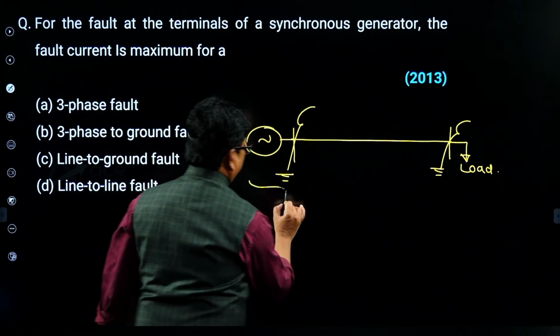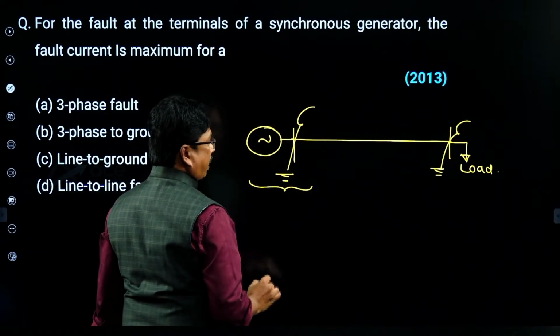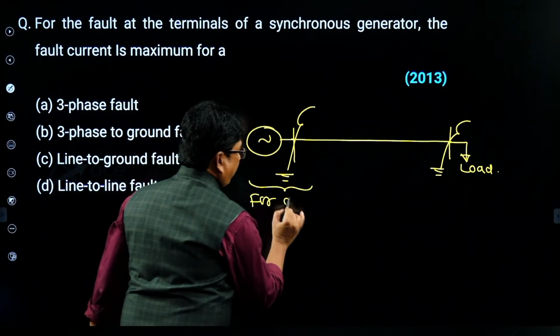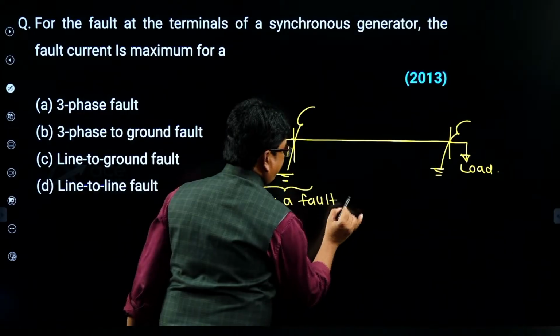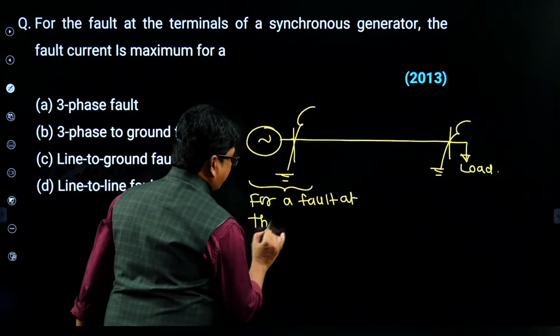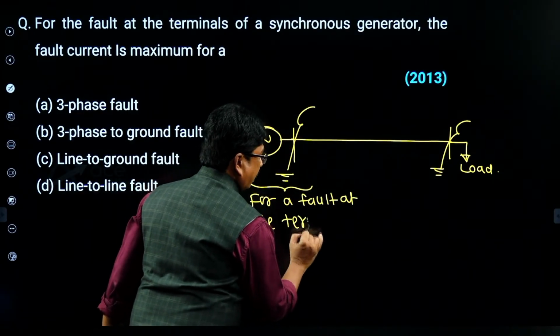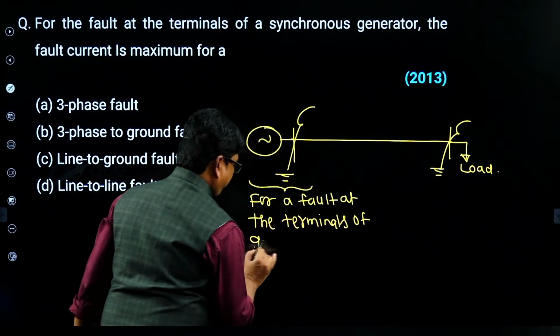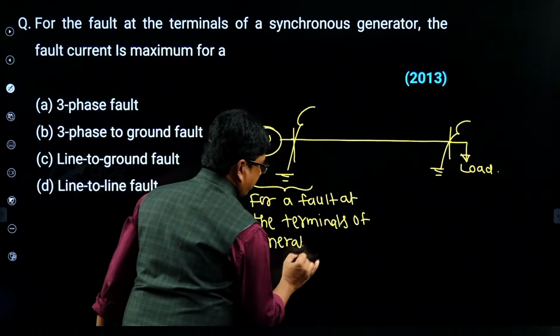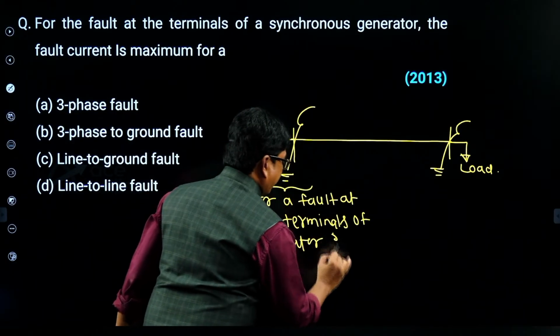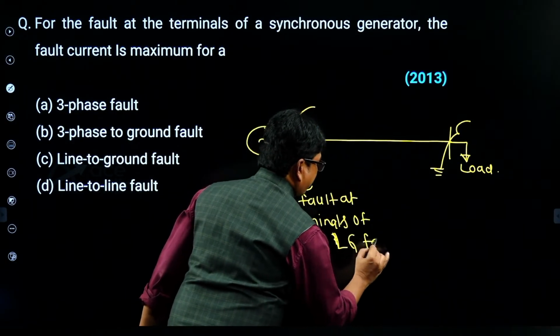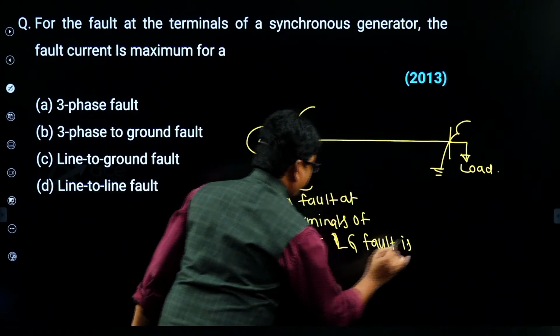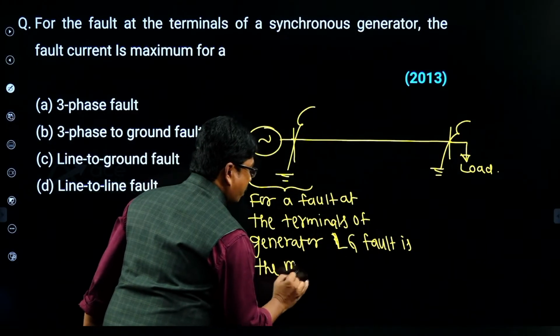So, for a fault at the terminals of the generator, the LG fault is the most severe fault.